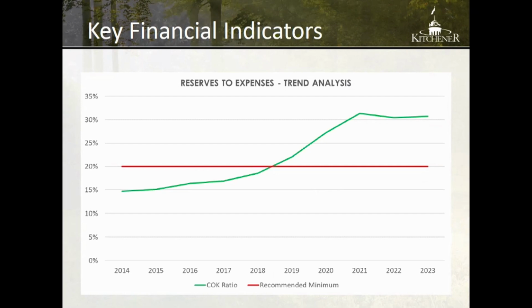The total reserves increased from 2022 to 2023, but the reserves to expenses ratio stabilized due to expenses growing at a higher rate. Total expenses for 2022 and 2023 are higher due to the implementation of the new ARO standard as a result of higher amortization expense.